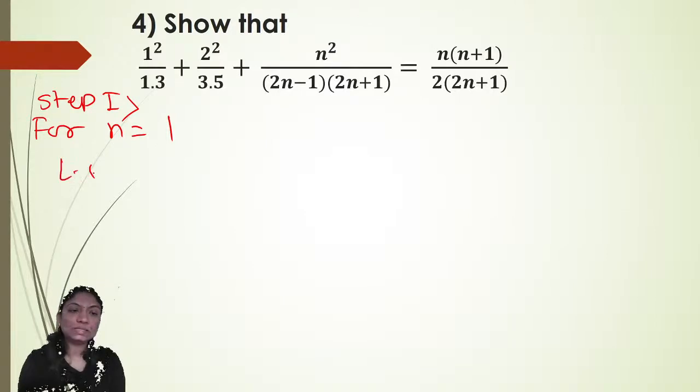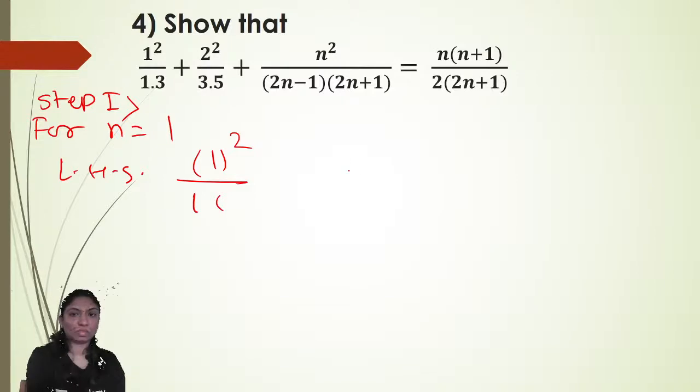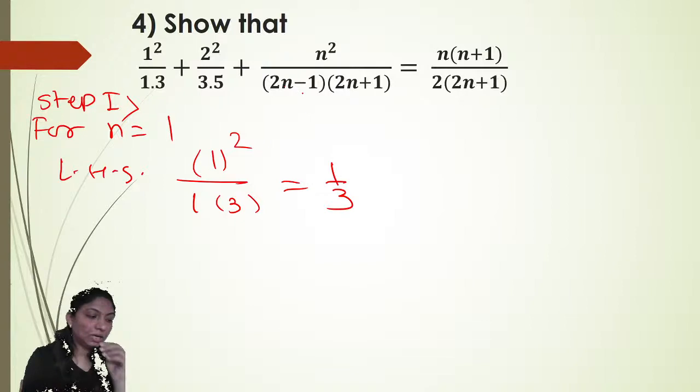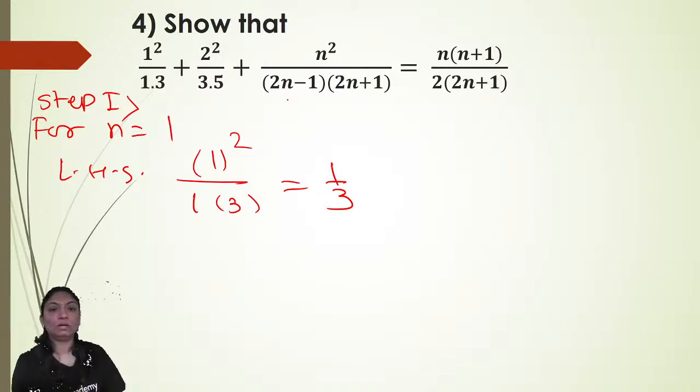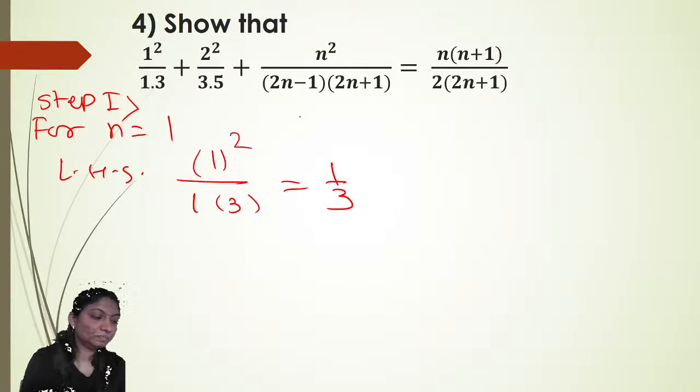LHS here is 1 square upon (2 minus 1) into (2 plus 1), that is 1 by 3. So LHS is 1 by 3.